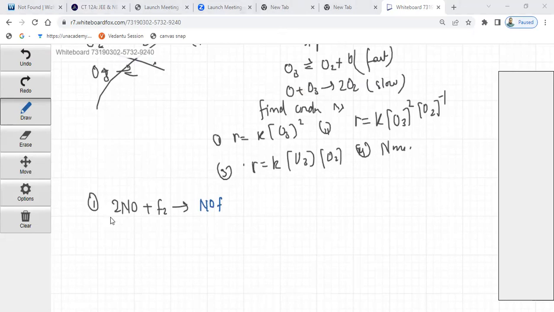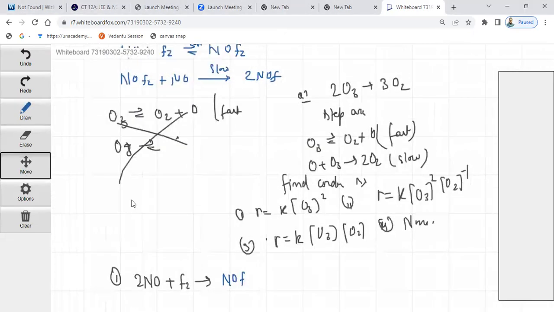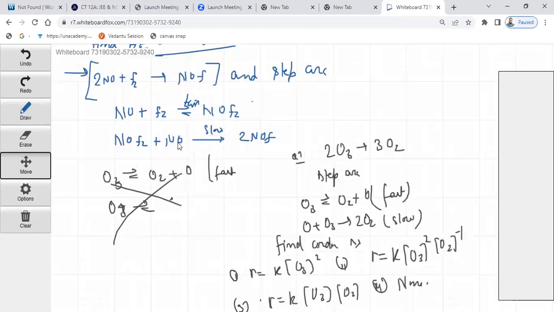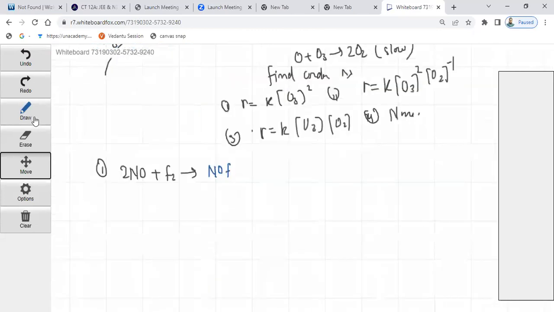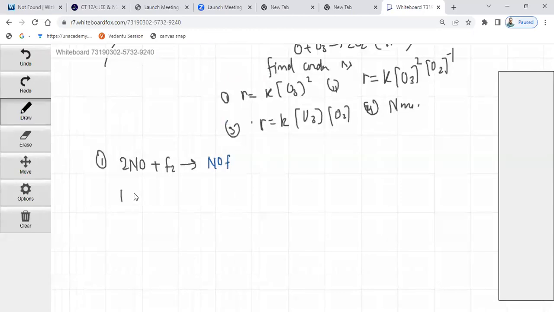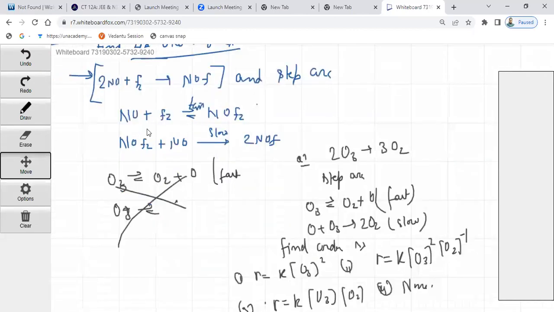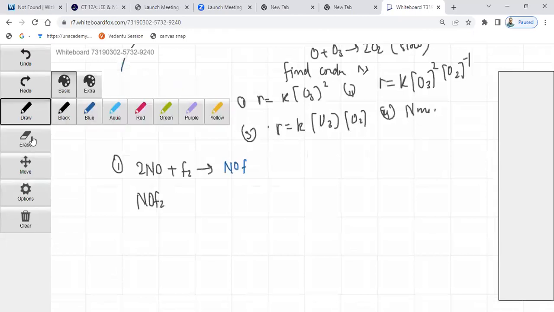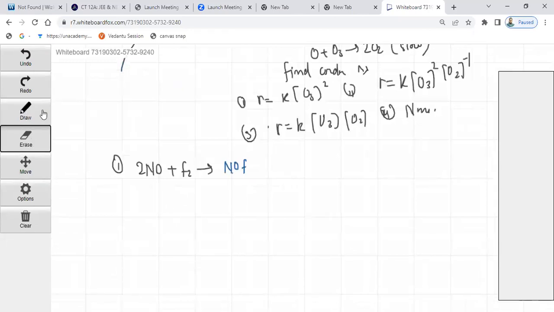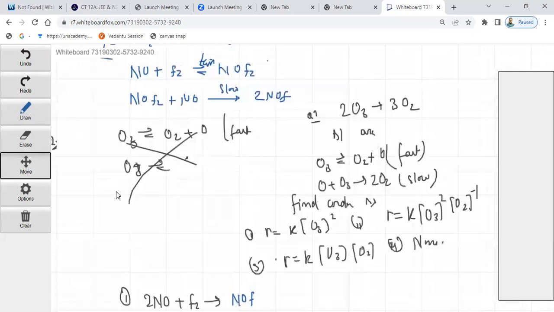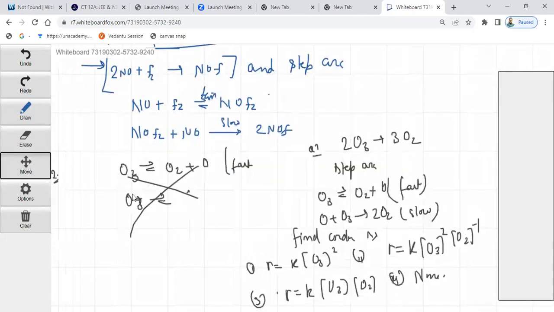Suppose I am writing that NOF2 plus NO is a slow step chemical reaction. For the first step, NO plus F2 gives NOF2, and this is a fast chemical reaction.